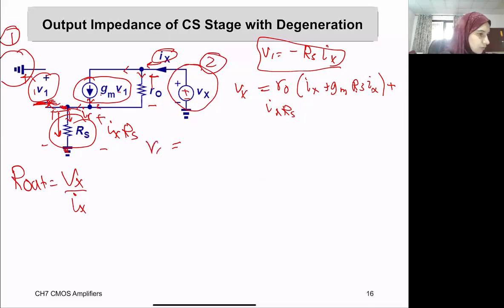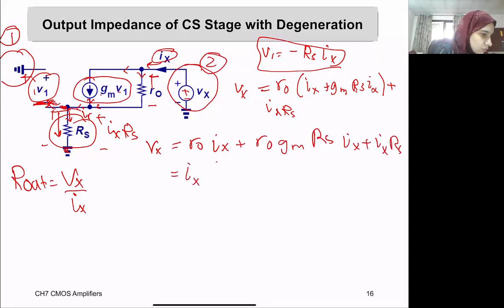So Vx will become, let's do it slowly, R out times Gm times Rs times Ix plus Ix times Rs. Let's take Ix outside, so it will be R out plus Gm R out Rs plus Rs.